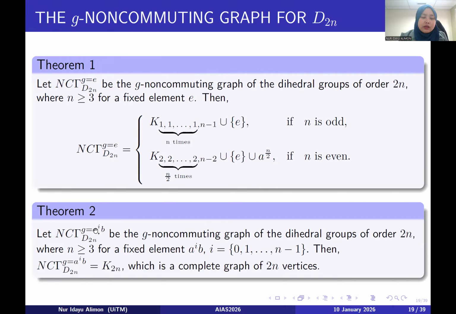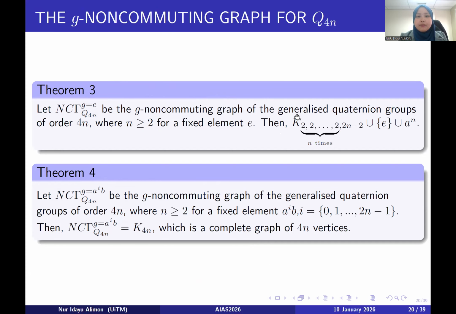Okay, so this one is for g equal to a^i b, which is the fixed element. So we have the graph is a complete graph of order 2n. For the g-non-commuting graph for Q4n, we have this multipartite graph union with e and union with e to the power of n. So the same goes, this is similar to the dihedral groups, so include the centers.